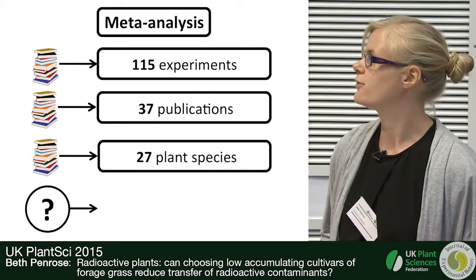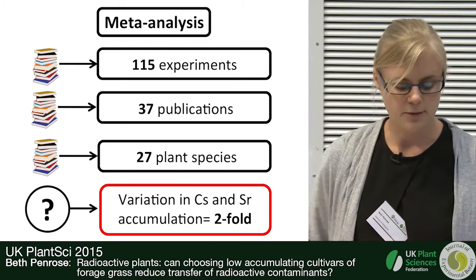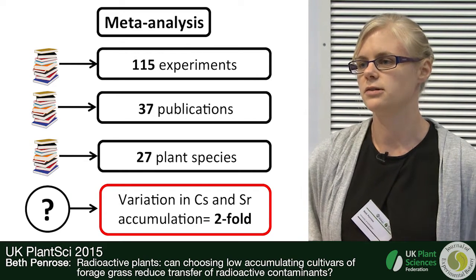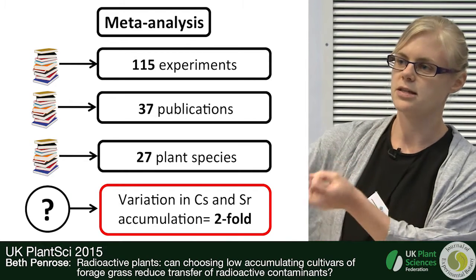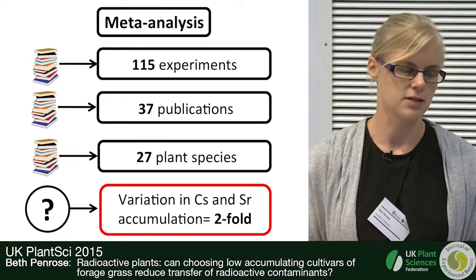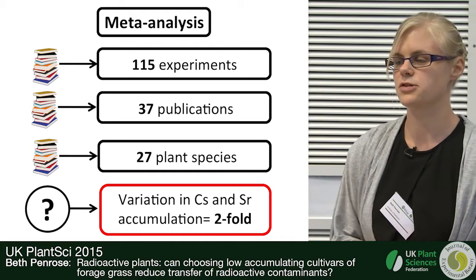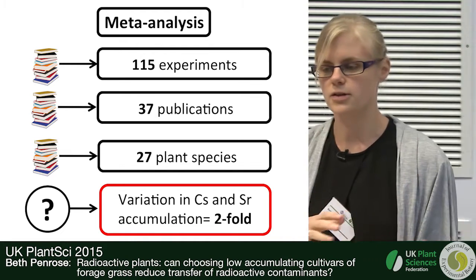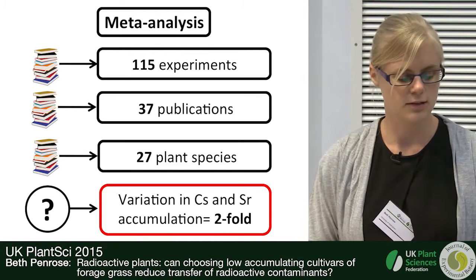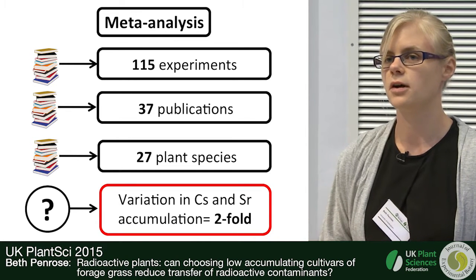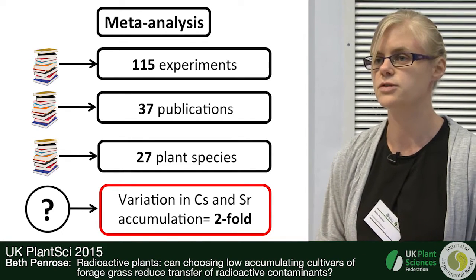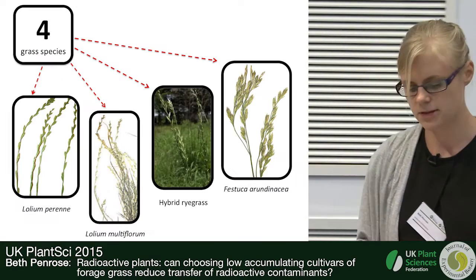And basically, on average, from these experiments, you get twofold variation between the highest accumulating cultivar and the lowest accumulating cultivar. So you can reduce cesium and strontium transfer up the food chain by twofold, just by planting a different cultivar. And that's pretty good news, to be honest.